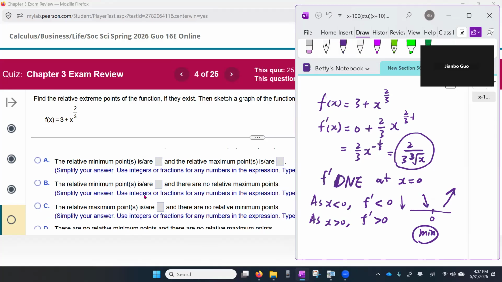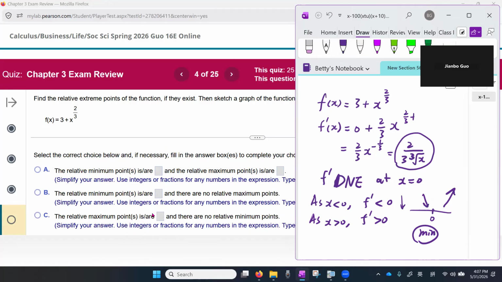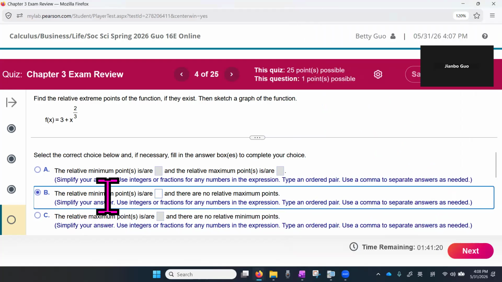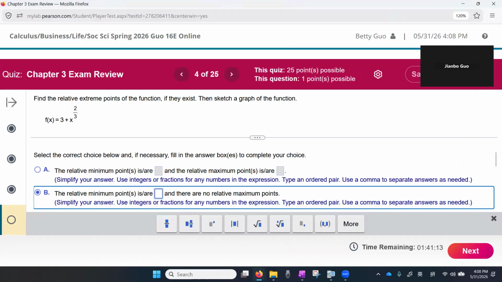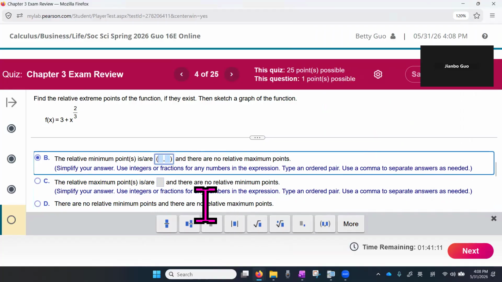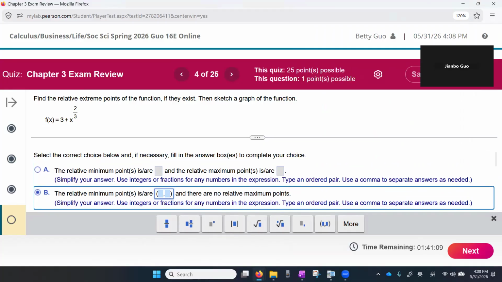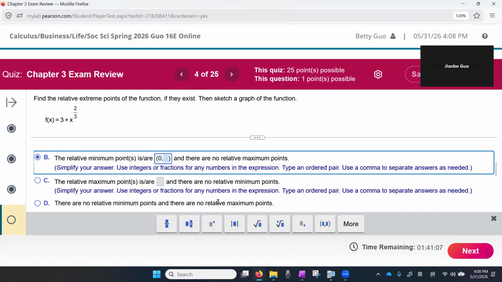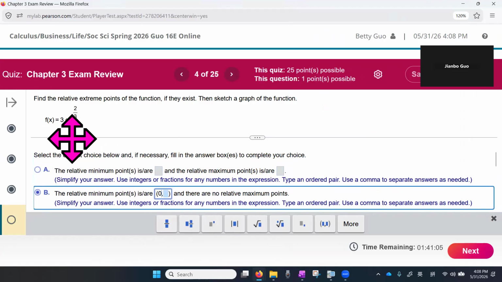Let's see. This one, the relative minimum and relative maximum. This one says no maximum. Okay. The relative minimum points, type an ordered pair. So we do need to enter a pair here. When x equals 0, y equals 3.